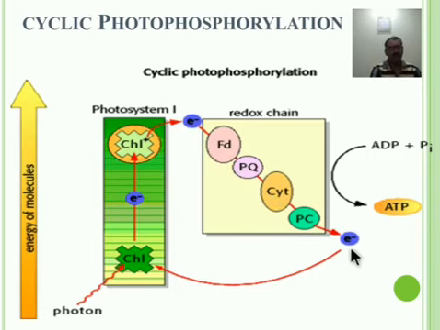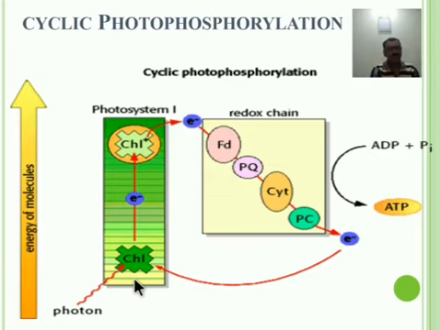This electron reaches pigment system first again to fulfill the electron hole through cytochrome F, and through the plastocyanin, and again this electron comes toward the pigment system first.